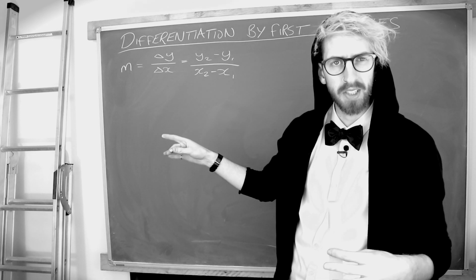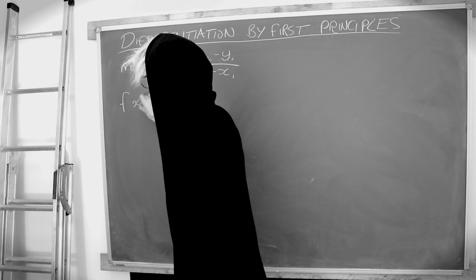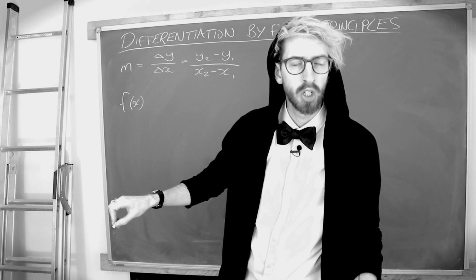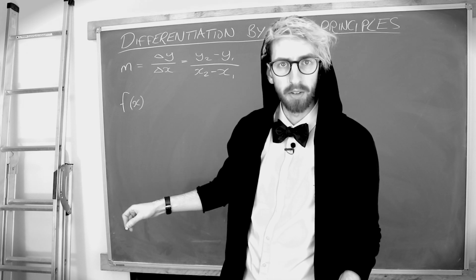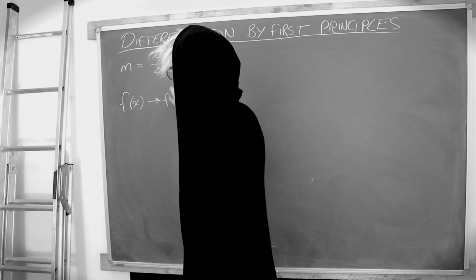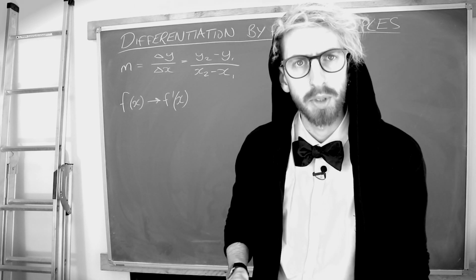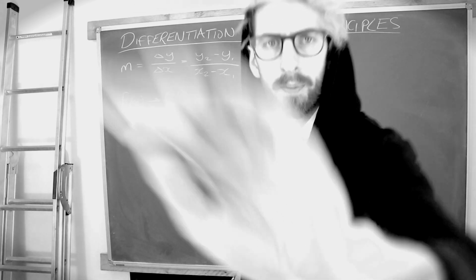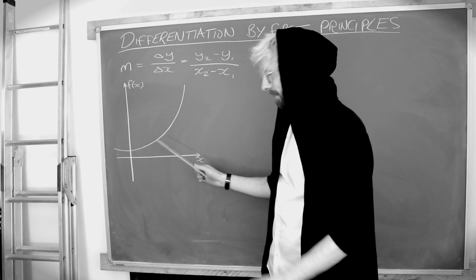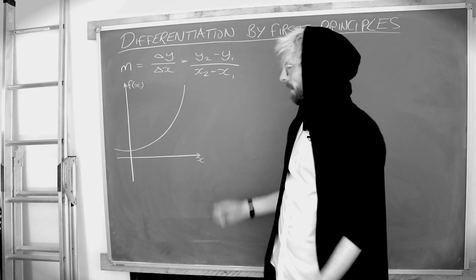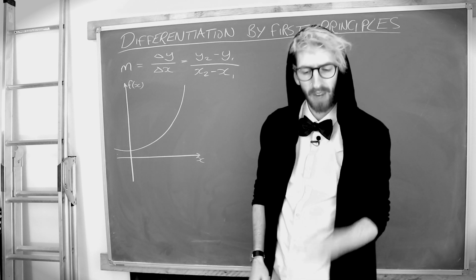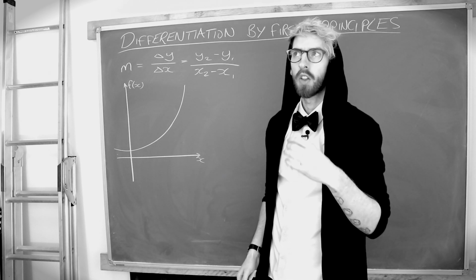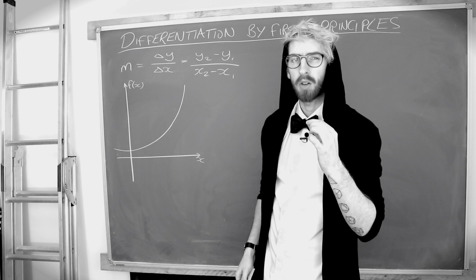Now we're interested in the situation where we've got a function and we want the gradient function, the derivative. Well, how do we do that? I'm going to have to draw a little diagram. Okay, here's our little function. Imagine that we want the gradient at one little bit.